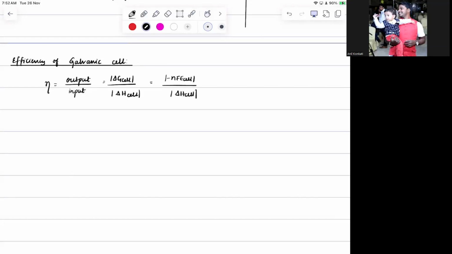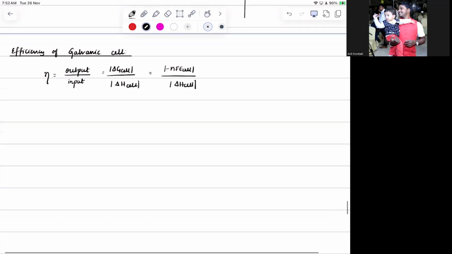Clear? Delta H of the cell, we have learned how to represent that. Delta H of the cell can be represented as NFT into dou E cell by dt, that is the temperature coefficient, minus NF E cell.